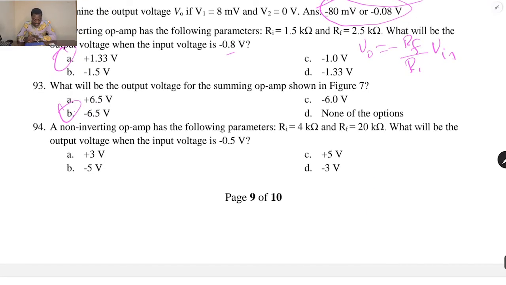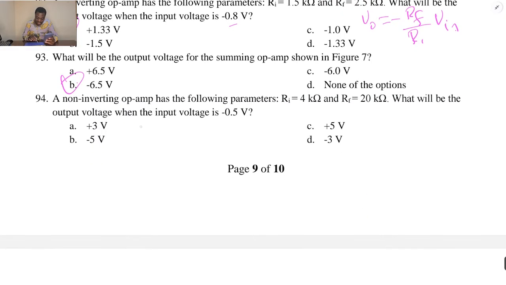And a non-inverting operational amplifier has the following parameters. We have R1 4 kilo ohms, RF 20 kilo ohms. What will be the output voltage when the input voltage is minus 0.5? So for non-inverting operational amplifier, the output voltage is going to be equal to 1 plus RF over R1, then times Vin.